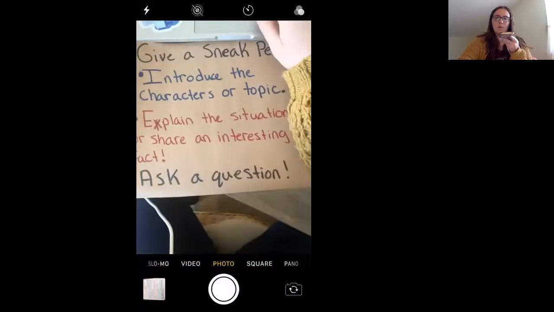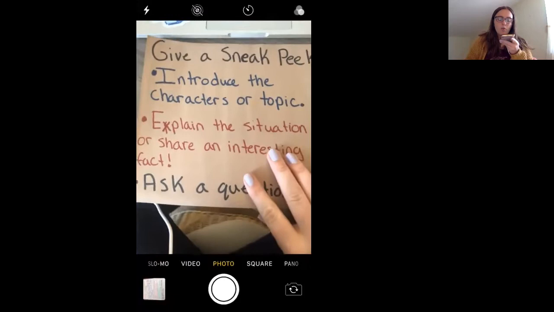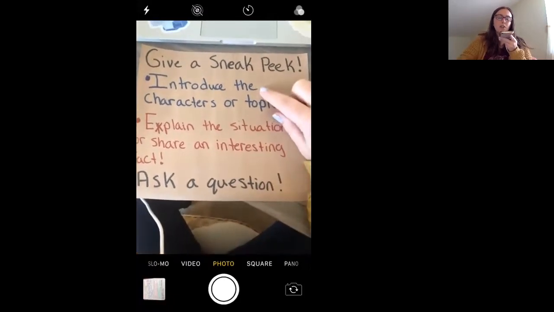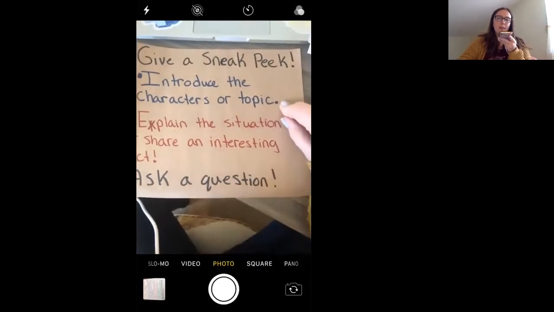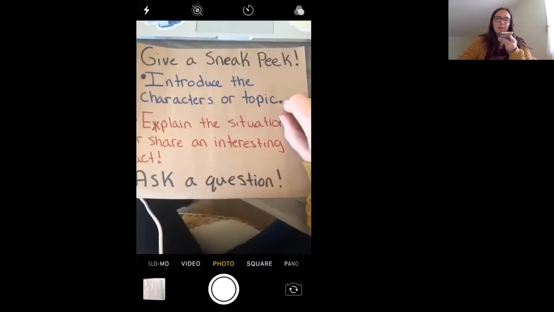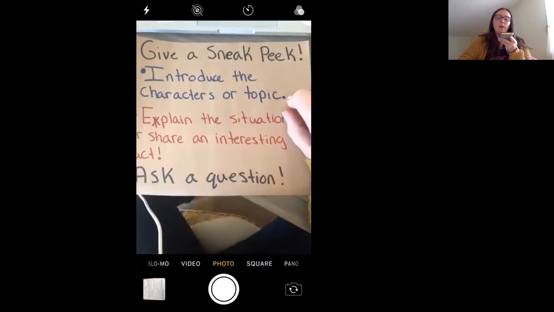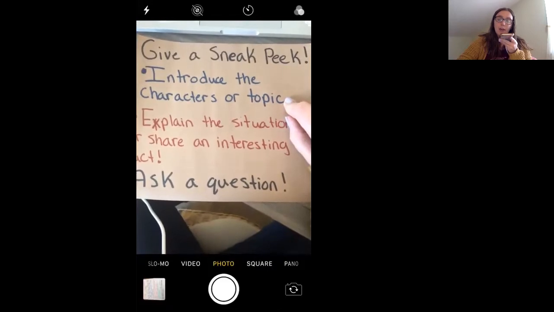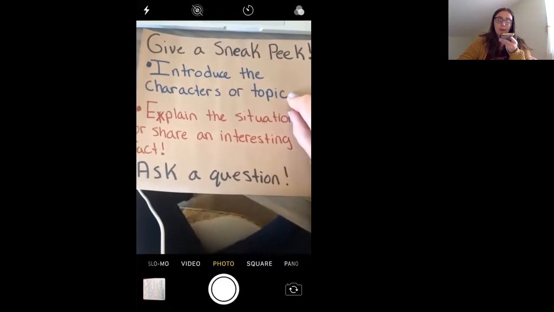So I have a little chart to show you to help you give a sneak peek to your reader. Okay, so when you give a sneak peek to your reader, you want to introduce the character or the topic. So you want to start your writing with saying the book name, and then maybe talk about who the characters are in your book topic.